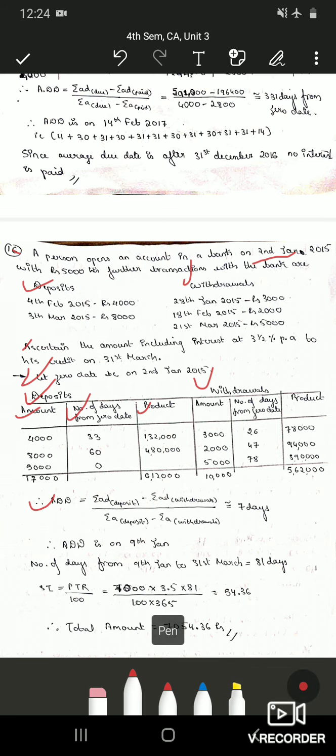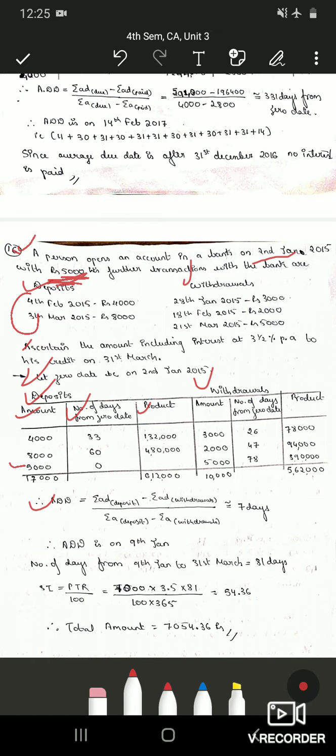In this question they have given dates, and he is also opening an account on 2nd Jan with rupees 5000. So even this has to be included in the deposits. Don't ignore this and consider only these two. Make sure you are including his initial balance also.